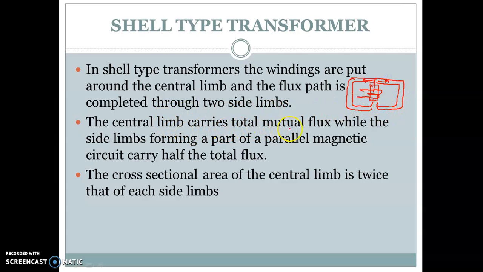The central limb carries the total mutual flux, while the side limbs, forming part of a parallel magnetic circuit, carry half the total flux. The cross-sectional area of the central limb is twice that of each side limb.